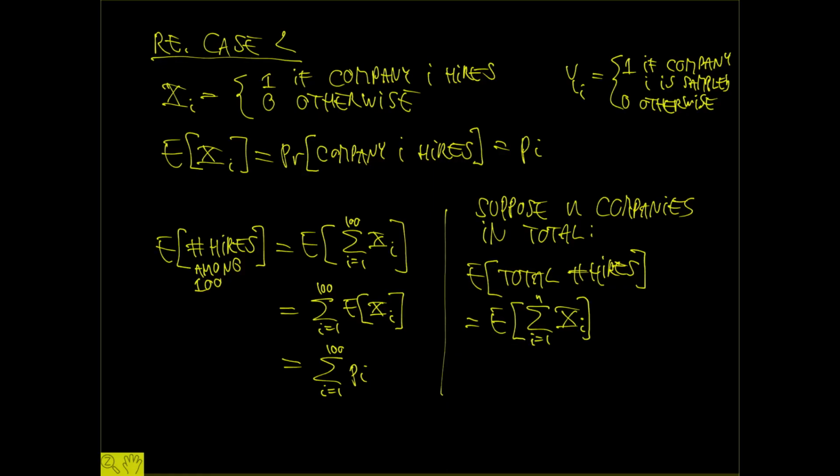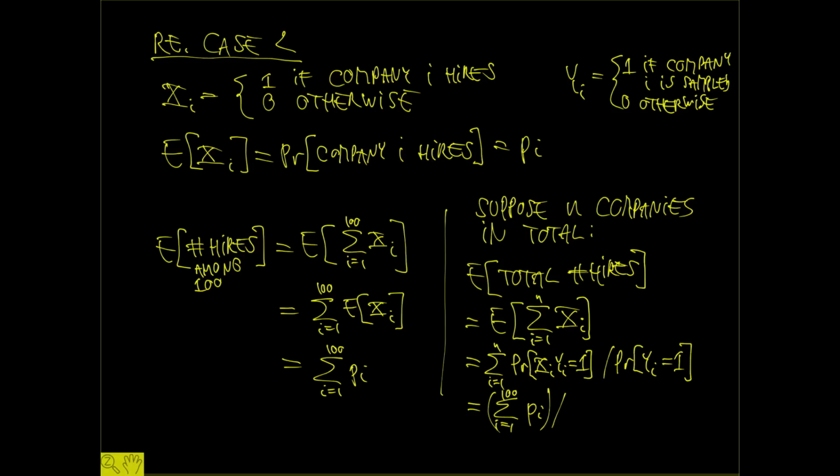So then we can simply express this sum over all companies as the sum of probabilities that xi hires and is sampled divided by the probability that i is sampled. This is again the sum of pi's from before divided by the sampling probability, which is 100 over n. Or in other words, we have to multiply by the inverse of the sampling rate.